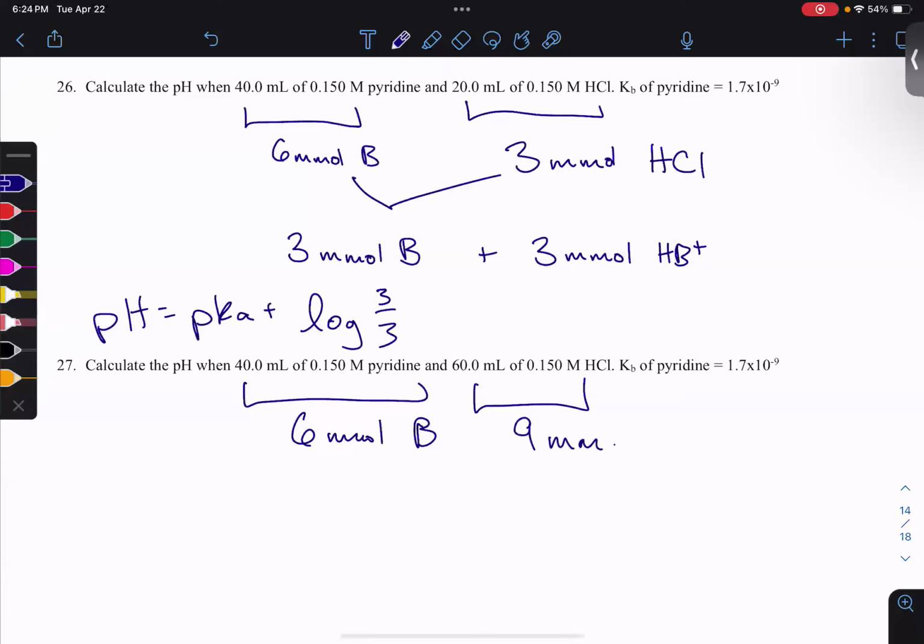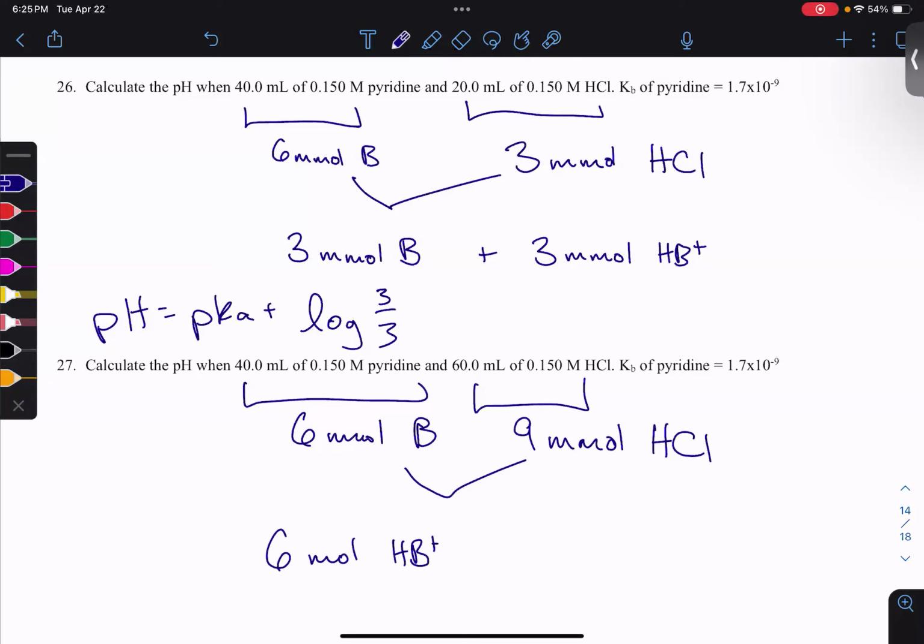Okay, 9 millimoles of HCl. So, when these two things react, do we have any base left? No. So that means we converted all of the base into HB+, which is a weak acid.